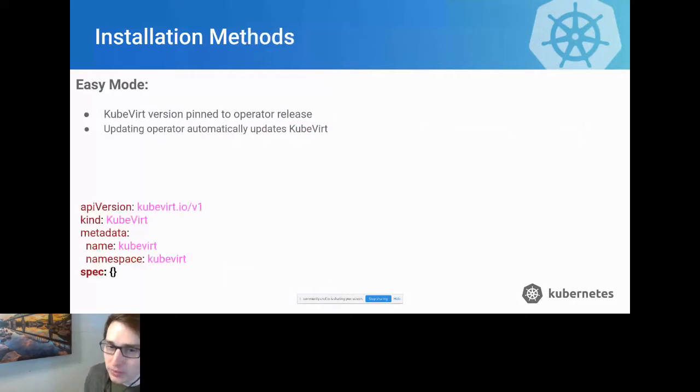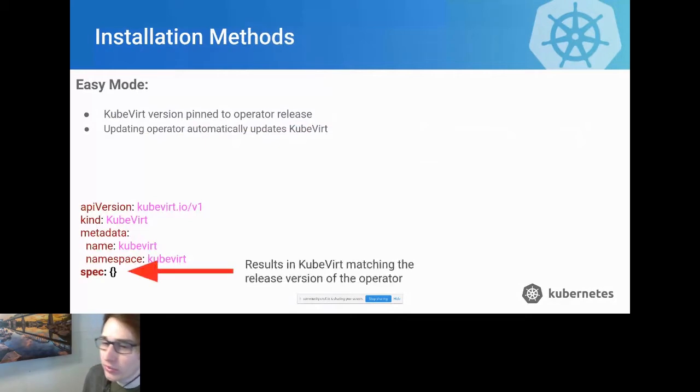You just post an empty KubeVirt custom resource spec, and that signals virt-operator to perform a default KubeVirt install using the exact same release of the operator that was installed. So if you install version 0.38 of the operator and you post a KubeVirt custom resource that looks like this, you will get version 0.38 of KubeVirt.